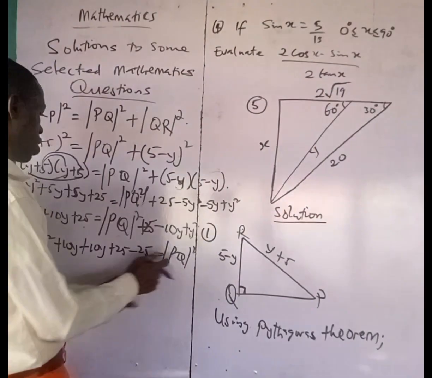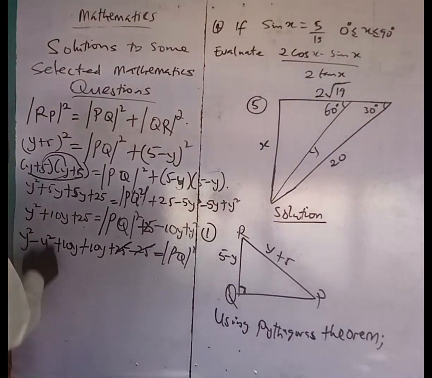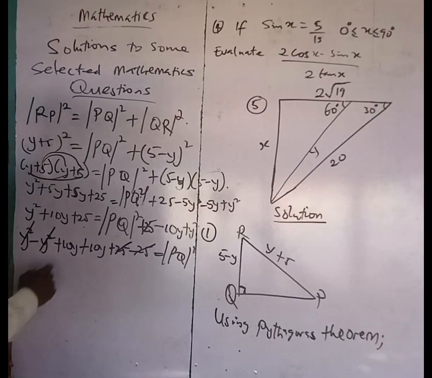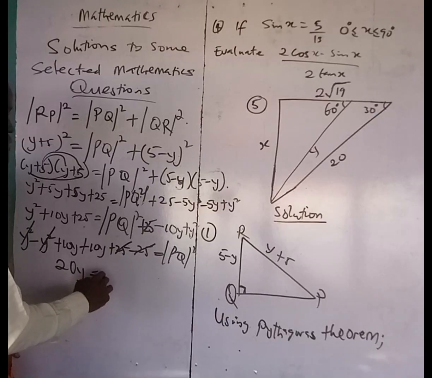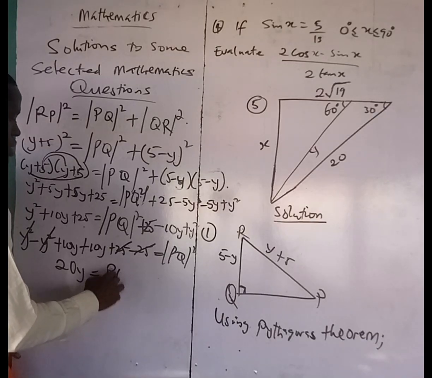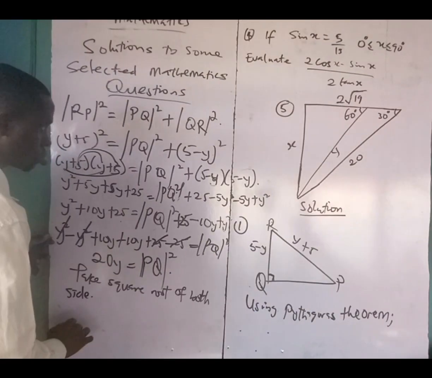So we cancel 25 with 25 to give us 0, and we cancel y squared. Then we have 10y plus 10y, that gives us 20y equal to PQ squared.